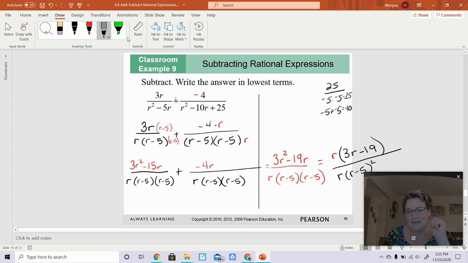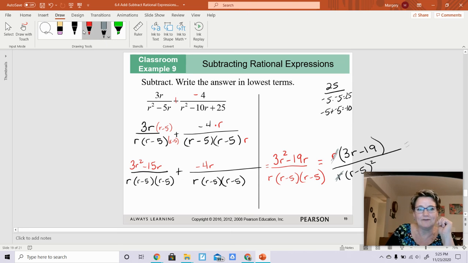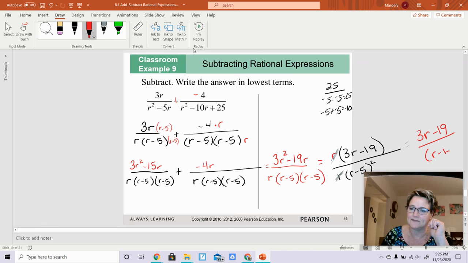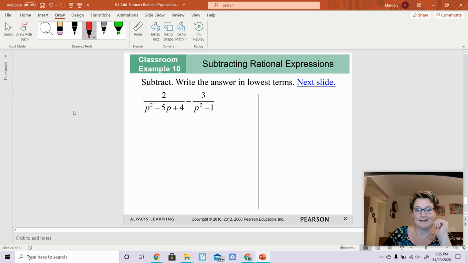Well, if you notice, they both share an r, so those go away, and you're left with 3r minus 19 over r minus 5 squared, or r minus 5 times r minus 5, your choice. All right, there's one.